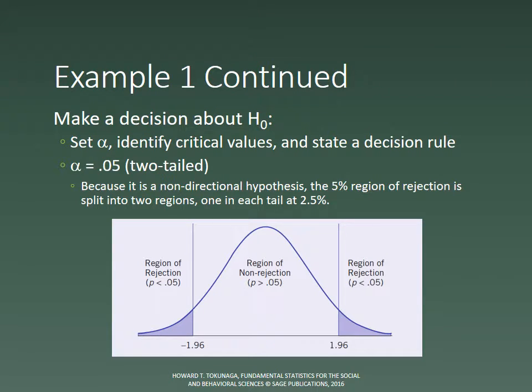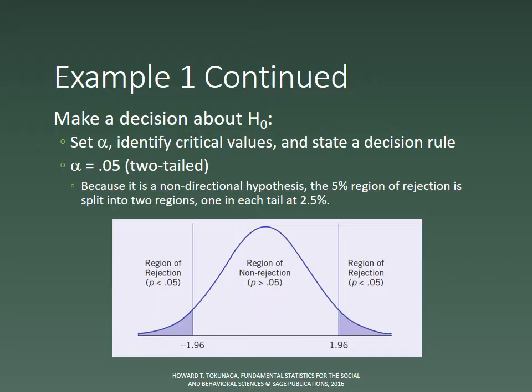Now we'll want to make a decision about the null hypothesis. So we'll set an alpha level, identify critical values, and state a decision rule. While we're always going to be using an alpha level of 0.05, in this case, we're going to use a two-tailed test because we have a non-directional hypothesis. So it's split into two regions.